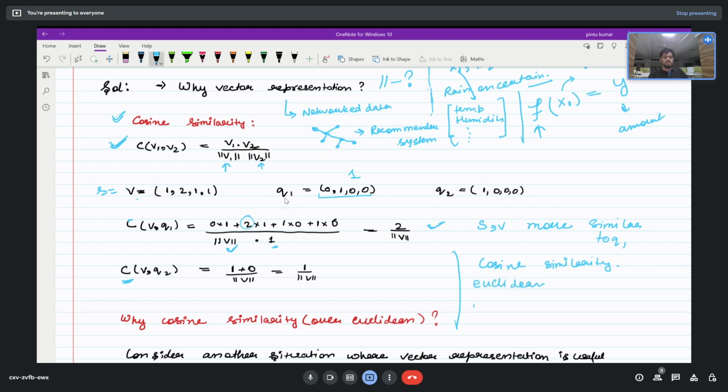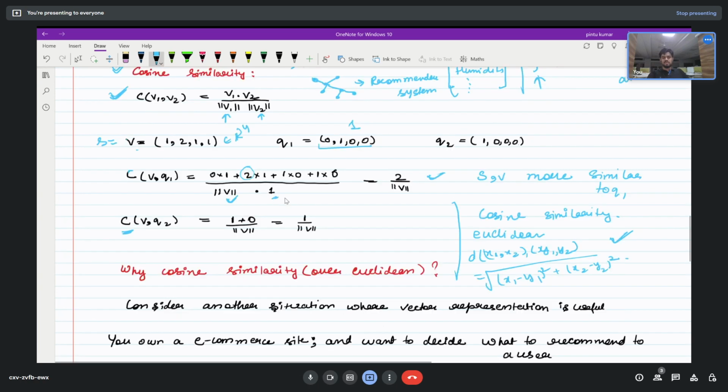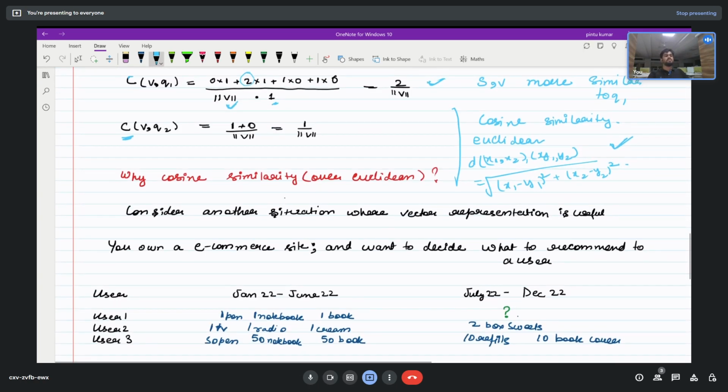If you have two points, x1, x2 and y1, y2, this distance is given by the square root of (x1 minus y1) squared plus (x2 minus y2) squared. Here also we had some points in a vector space, here it is R4. So why not directly use this Euclidean distance rather than going for cosine similarity? I'll give you an example of why cosine similarity becomes useful.